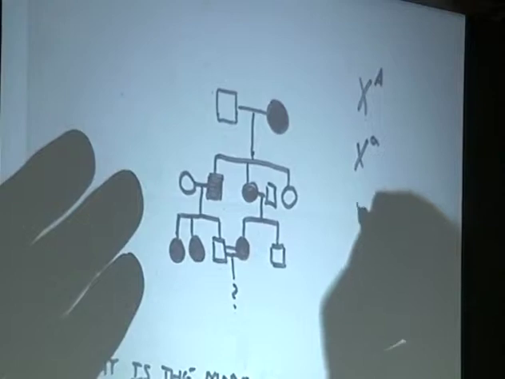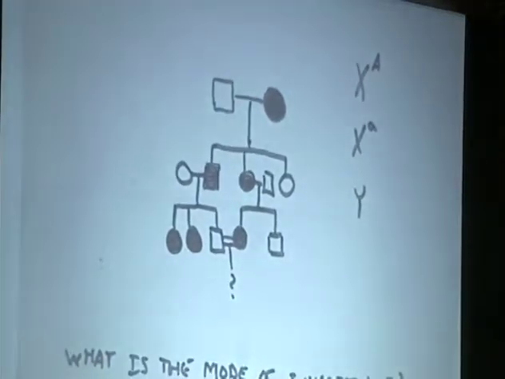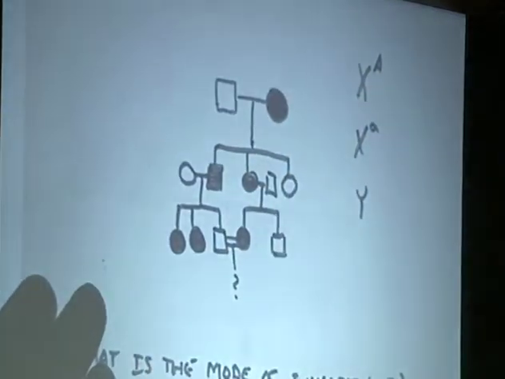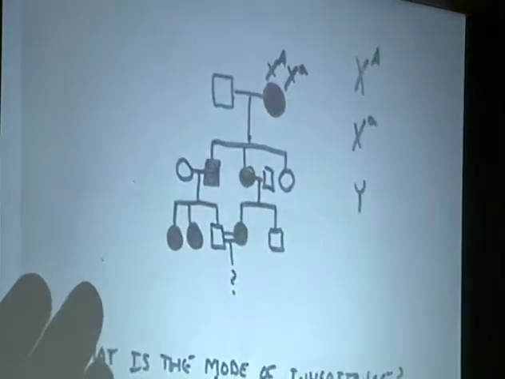And then I'll just use a Y to indicate the Y chromosome. Okay, so we can indicate the genotypes of pretty much everybody in this pedigree. We know that this individual is heterozygous because she produces an unaffected daughter. So we can say she's X big A, X little a.